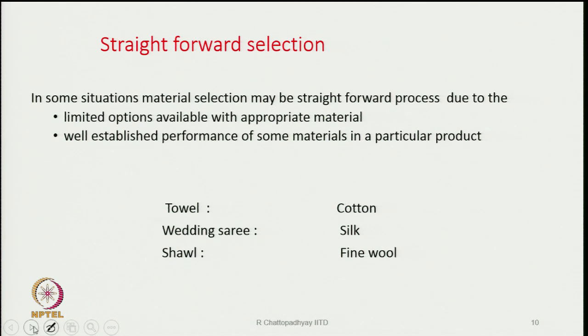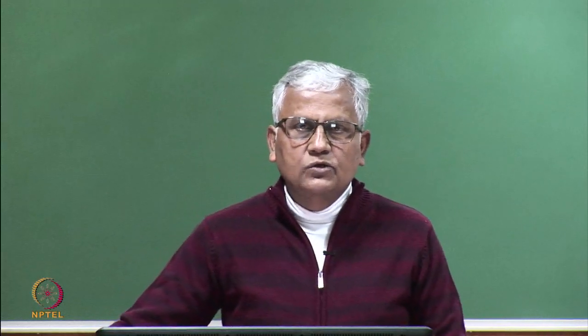So, an example has been given here, where the choice becomes almost automatic, like for denim, cotton. This is such a well established raw material for denim that we choose the material immediately. If I have to design a new denim, a new type of fabric, whatever it is, cotton has to be there as a raw material.